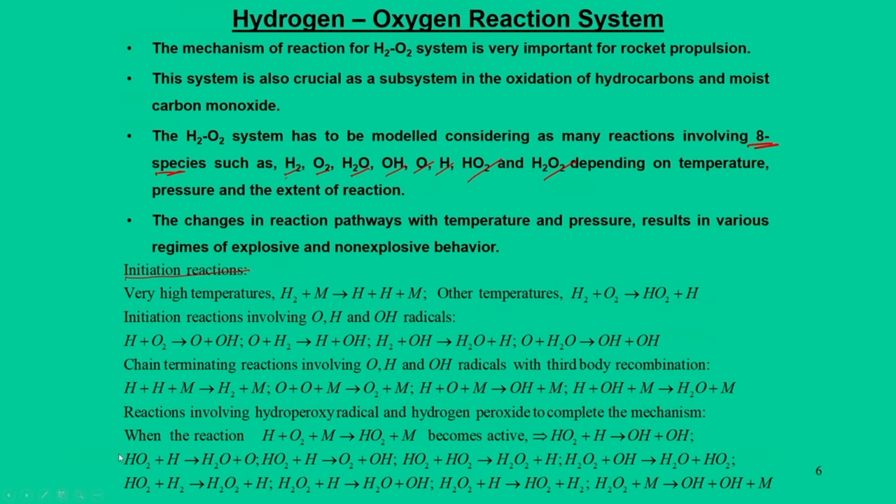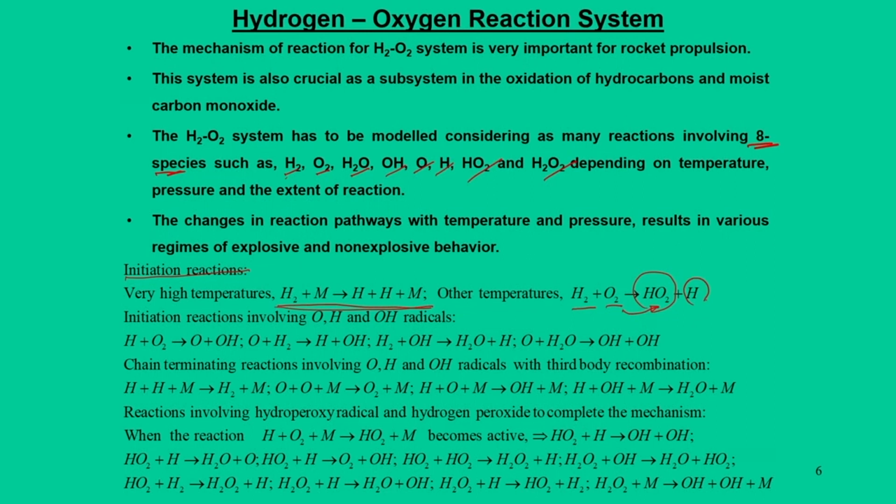If the temperature is very high, then H2 with a third body at high temperature collision can break into H plus H. But if the temperature is not too high, then H2 and O2 will not break, rather they will combine to form HO2. And this HO2 is friendly, but H is not.